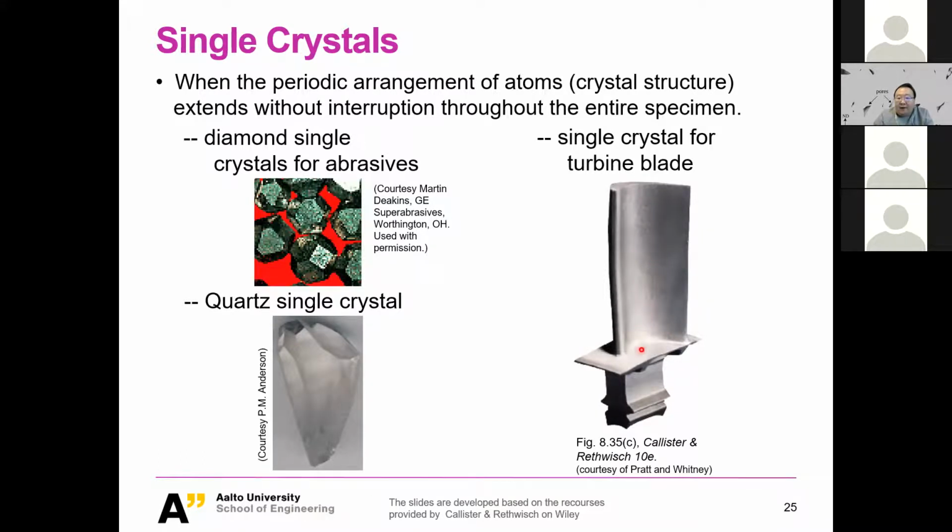And single crystal means that in this whole turbine blade, this whole component, your atoms are regularly repeating. There's nothing but the repeating unit cell, from the bottom to the top. You don't see the atoms, but they just repeat themselves.